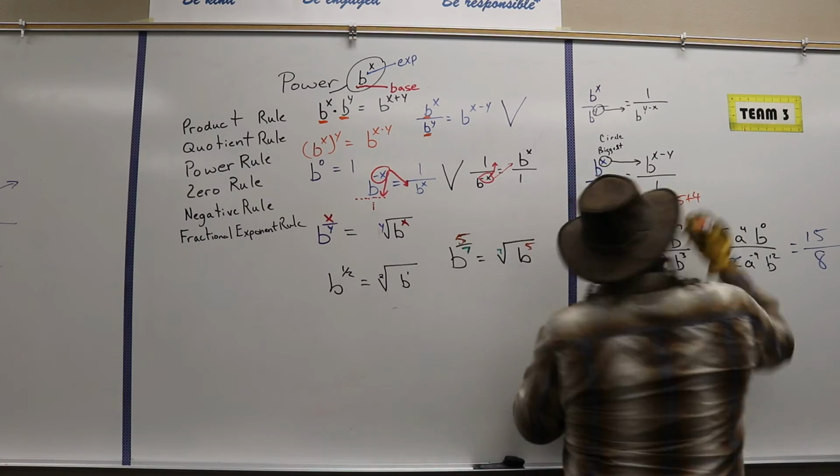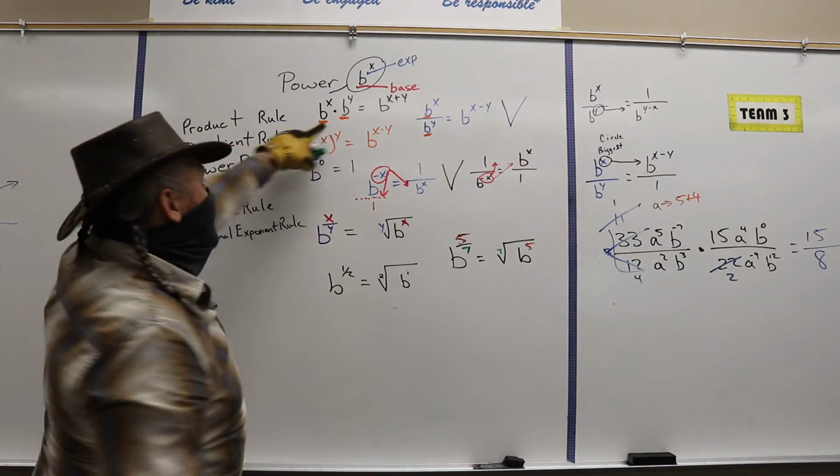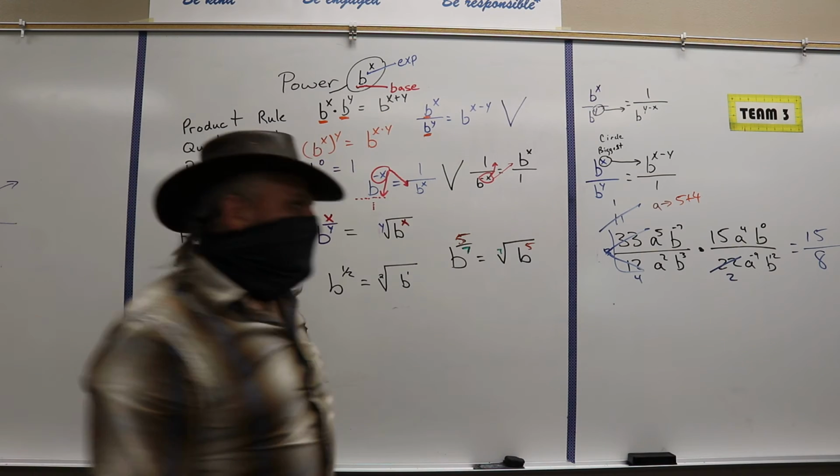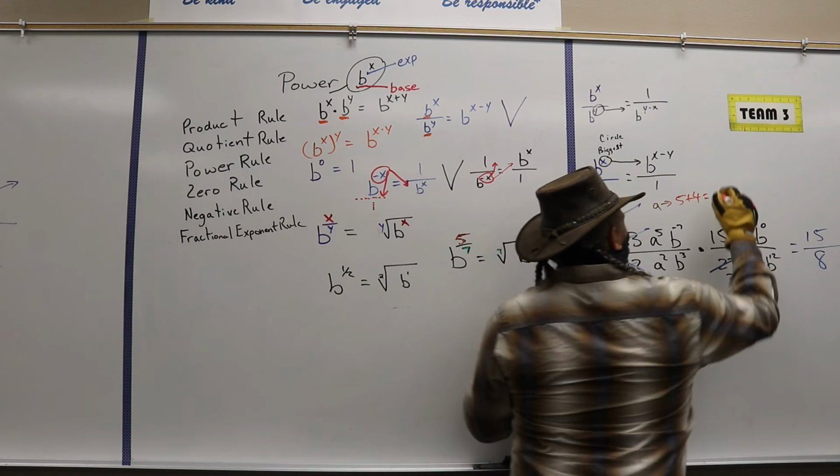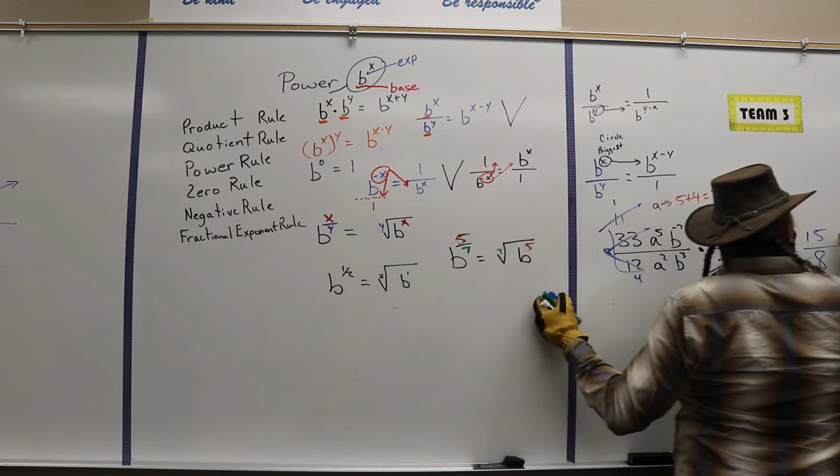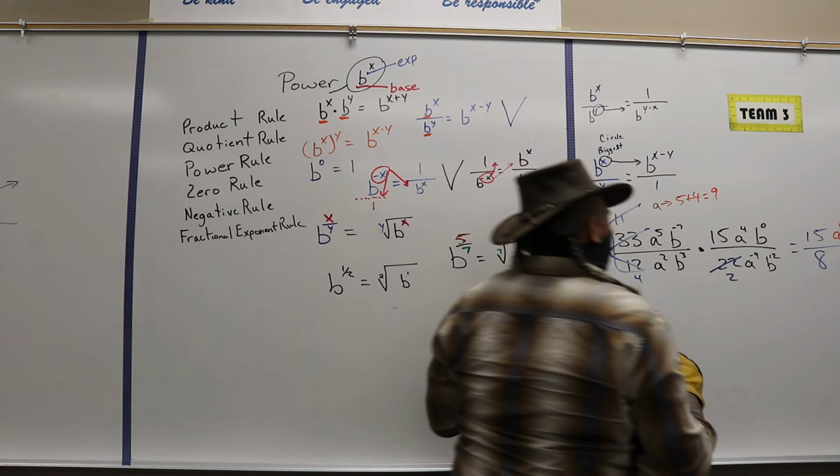So we get to add the exponents. Product rule says add the exponents. Okay? So what does that equal? 5 and 4 is 9. So I have a to the 9th.